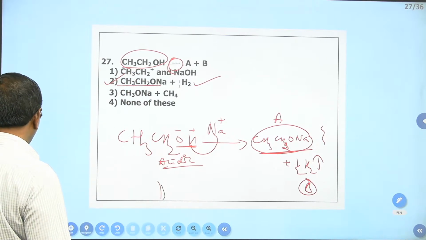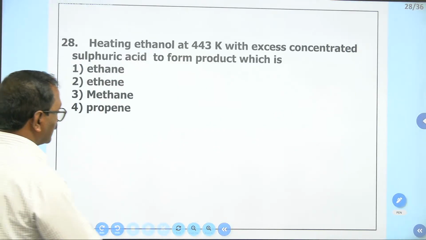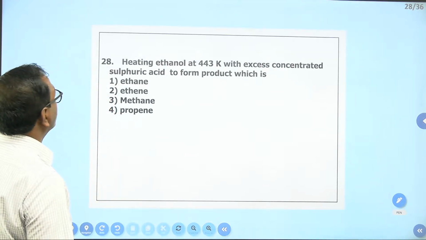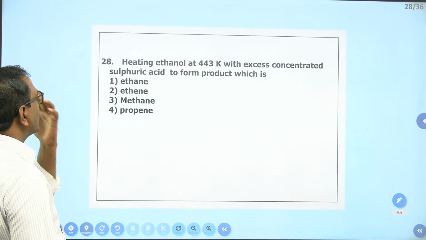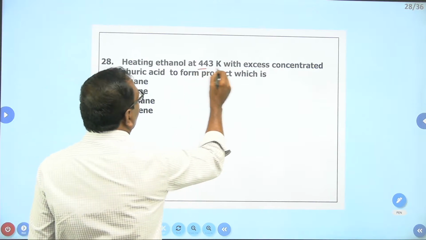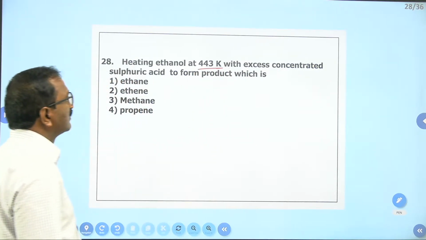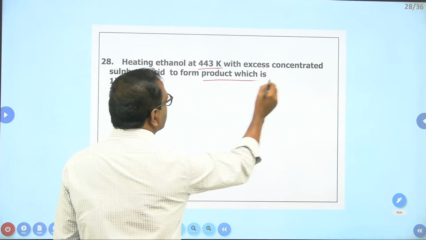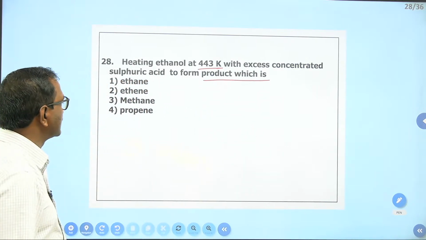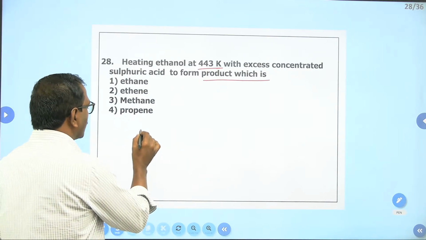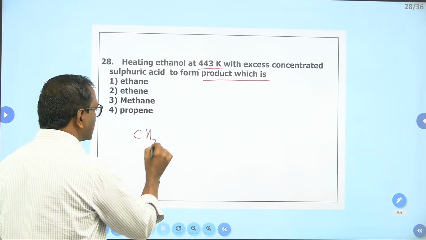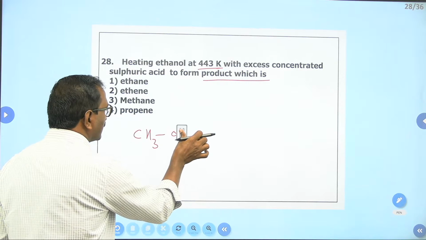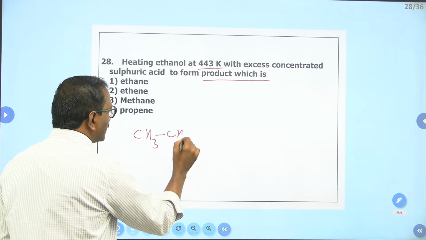Now next one, question number 28. Heating of ethanol at 443 Kelvin with excess concentrated sulfuric acid forms a product which is dash. Consider this is ethyl alcohol, CH3, CH2, OH.